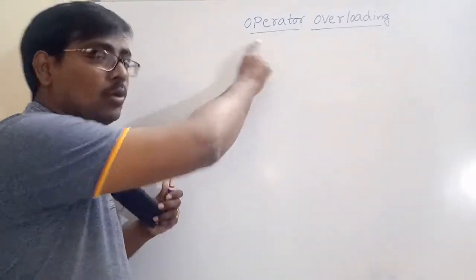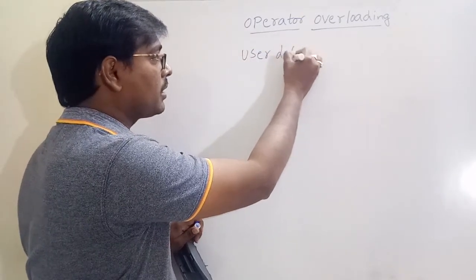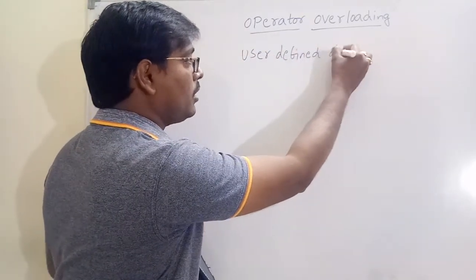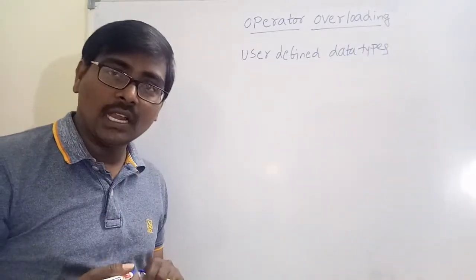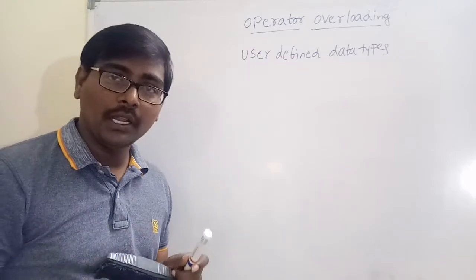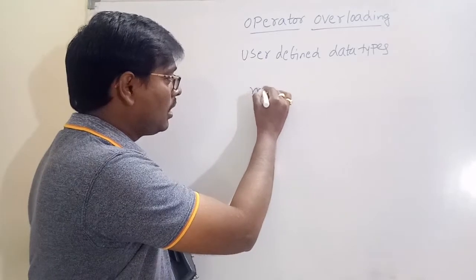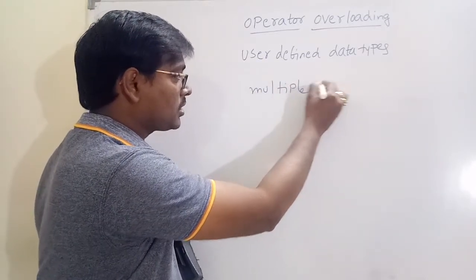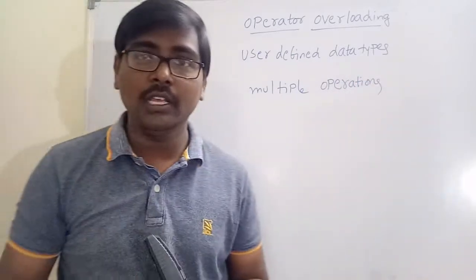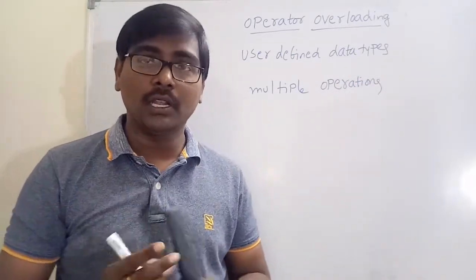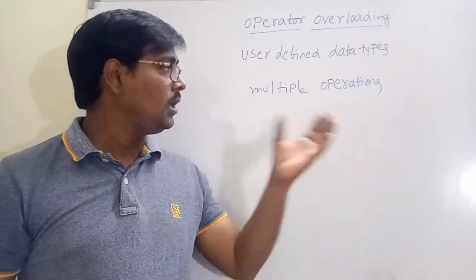C++ allows operator overloading for user-defined data types. First of all, what is operator overloading? Operator overloading means an operator is used in multiple operations on operands of different data types.